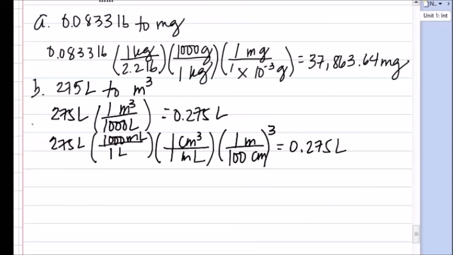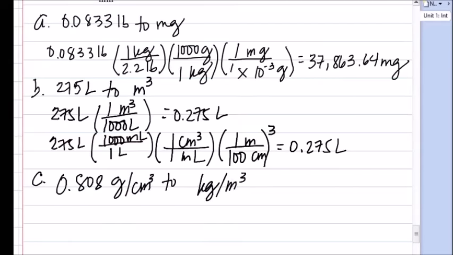So, ang susunod naman na tanong doon is yung letter C. Yan. So, ang given po doon is 0.808 gram per cubic centimeter papuntang kilogram per cubic meter. So, ang gagawin lang natin muna, yung grams muna, syempre.